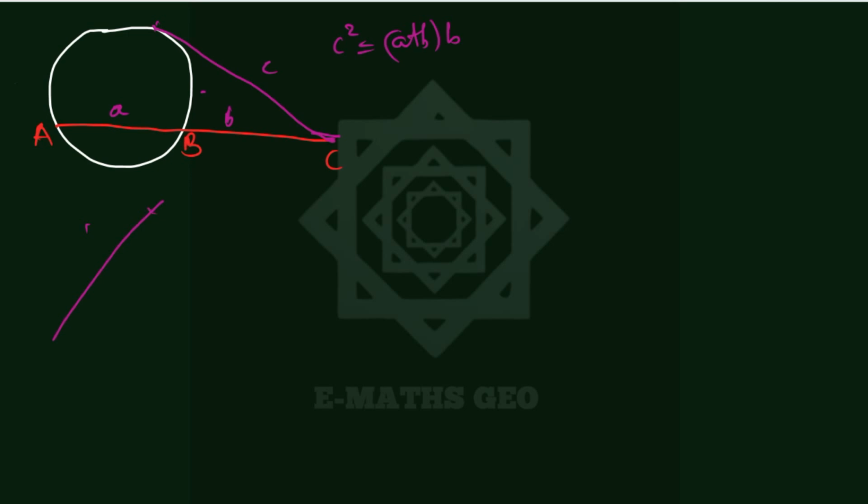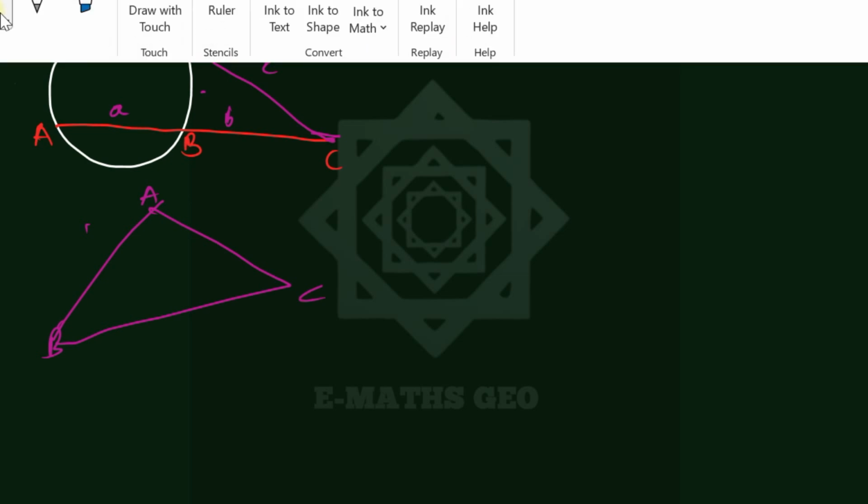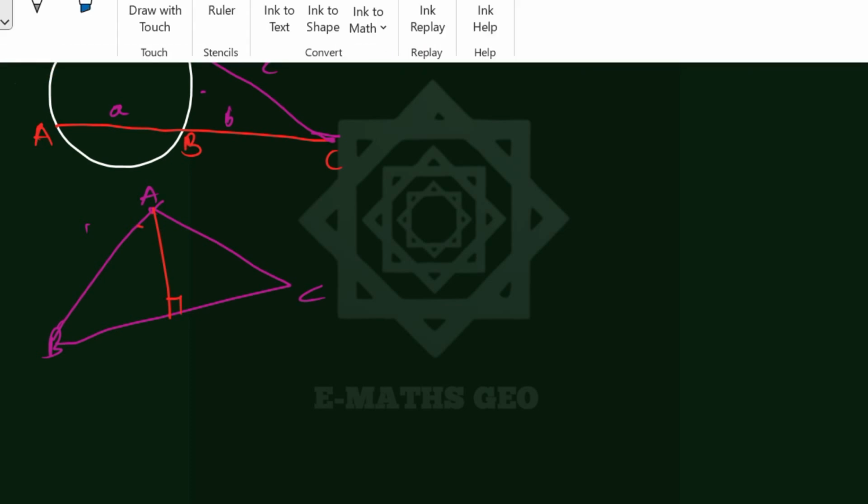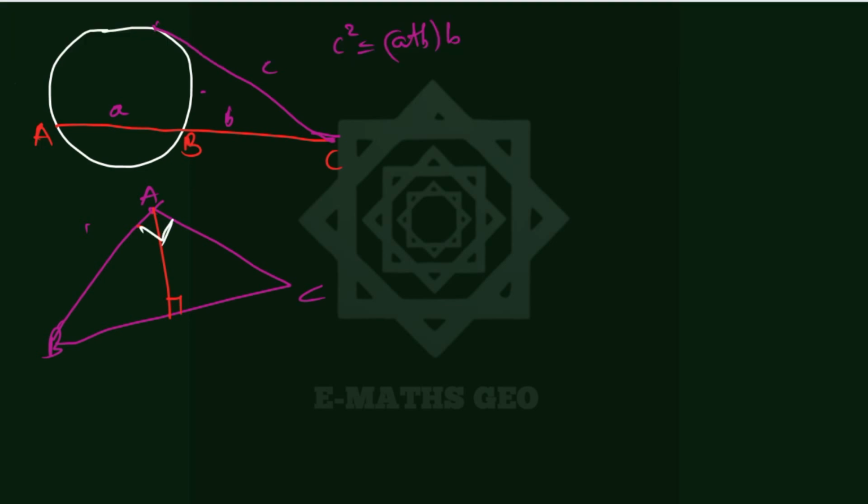Also, if you have a triangle ABC, it's called the geometric mean of a triangle. We have a perpendicular here, and an angle of 90 degrees here. If we call this H, and the segments C and D, we have the geometric mean: H squared is equal to CD.